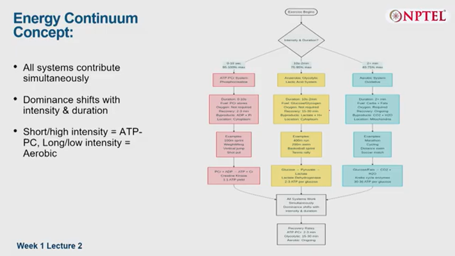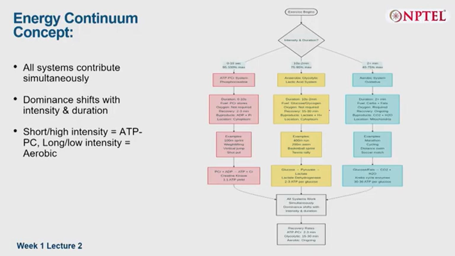Recovery is 15 to 30 minutes, which is a long recovery. In fact, for complete regeneration of the store, you need to wait for 15 to 30 minutes. Byproduct is lactate. Location is again cytoplasm. Example is the 400 meter run, which is a classical example of speed endurance.